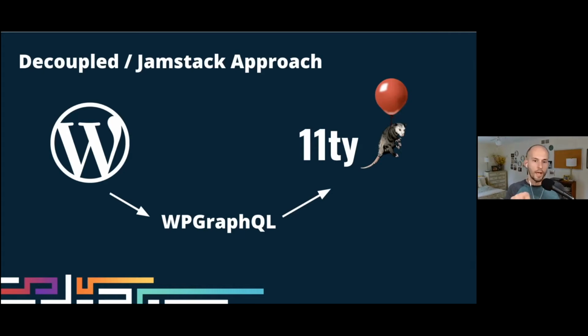Instead, we would use an API layer, something like the WP GraphQL plugin, or otherwise WordPress has a REST API. You can use one of those to pull data out of WordPress and then use that in 11ty, and that data you could pipe into your templates and use to generate all of your pages. So that would be a decoupled approach or a Jamstack approach, to use that buzzword.